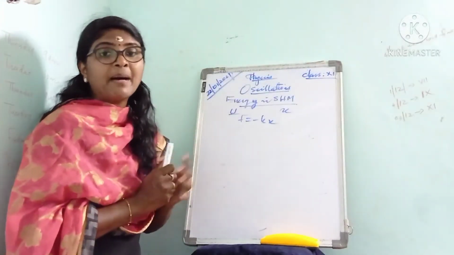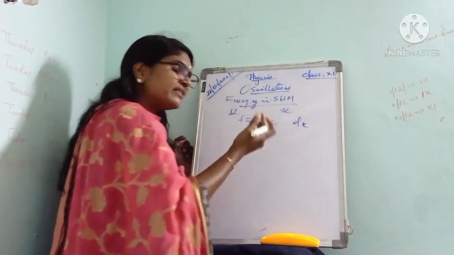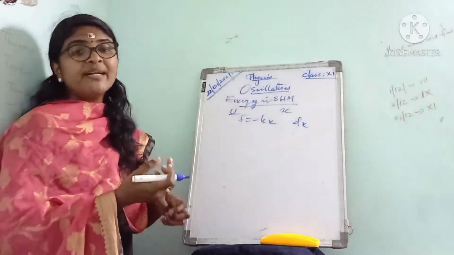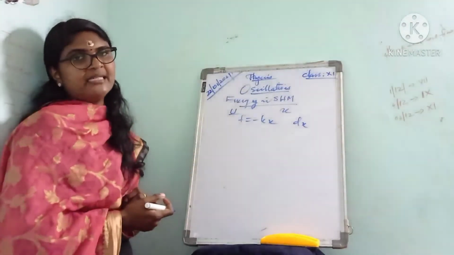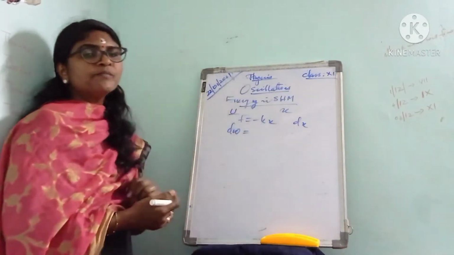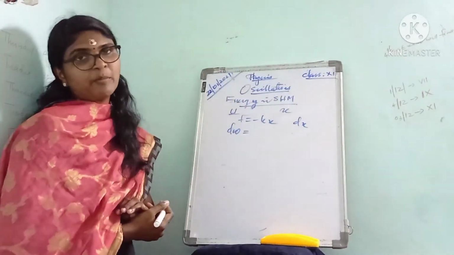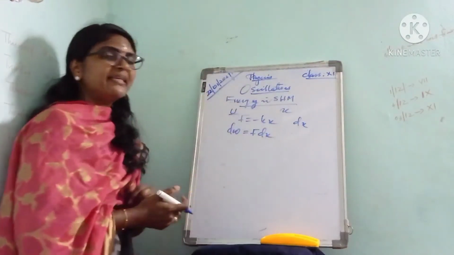If we displace the particle further through a distance dx, then the work done against the restoring force is dW, and work done is force into displacement, that is F into dx. Here the displacement is dx.